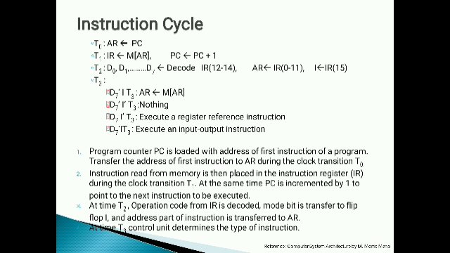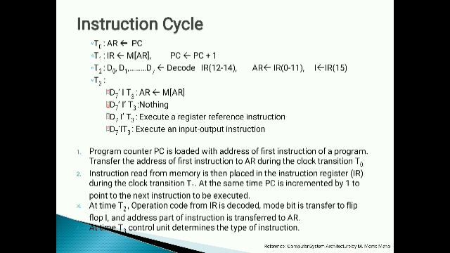Transfer the address of the first instruction to AR during the clock transition T0. पहली क्लॉक पल्स पे प्रोग्राम काउंटर के अंदर जो वैल्यू होगी, that will be transferred to address register, that is the address of the first instruction. सेकंड क्लॉक पल्स पे क्या होगा, उस पर्टिकुलर एड्रेस पे मेमोरी में जो वैल्यू है, that is our current instruction, that will be transferred to IR instruction register, and at the same time contents of program counter will be incremented by 1 so that it will point to the next instruction to be executed.